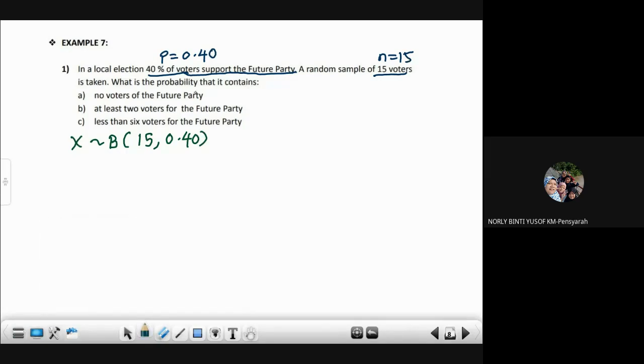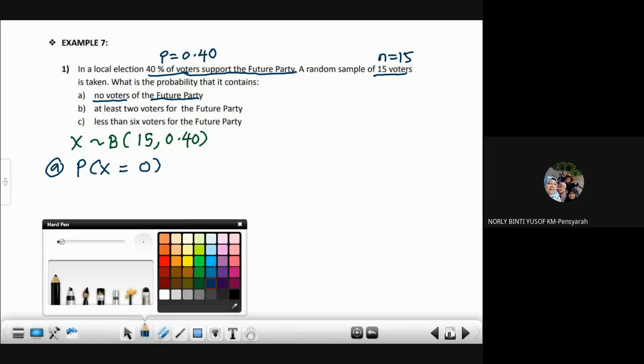Okay, and then sama, cari the probability. So probability that it contains no voters for the future party. So dia punya event sama masih for future party support. So no voters maksudnya dia punya discrete akan sama dengan kosong. Satu kena faham statement to build up the discrete. So sama, kalau you rasa you nak pakai formula, up to you lah. 15C0 boleh pakai sebab discrete ni exactly.